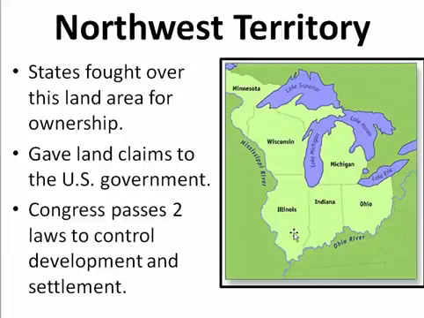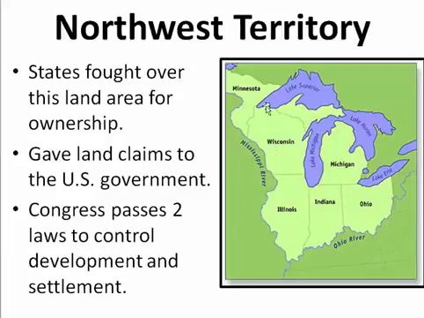This area in light green here would eventually become Ohio, Indiana, Illinois, Michigan, Wisconsin, and Minnesota. But at this time, it's not these states. It's just this land area. We're talking about the Northwest Territory, north of the Ohio River here.